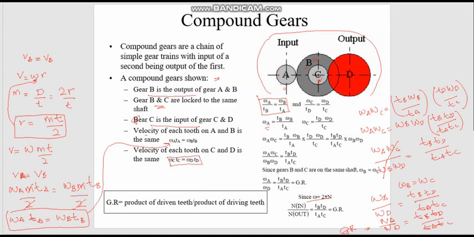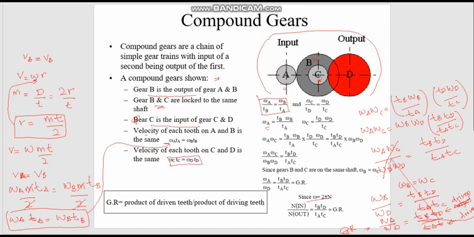B is the output of the AB system, and D is the output of the CD system. So the top portion is actually output, right? Sorry, this is not output, this is driven, and the bottom one is the driver.